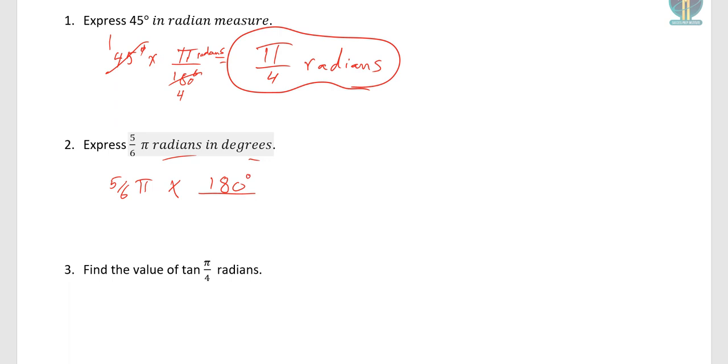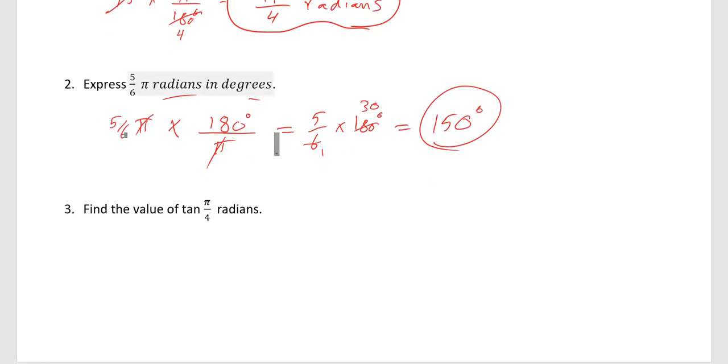So times 180 degrees over pi radians. Pi cancels with pi. So we get 5/6 times 180 degrees, which is 150. So we could say 6 divided by 6 is 1, 180 divided by 6 is 30. So 5 times 30 is 150 degrees. Okay?